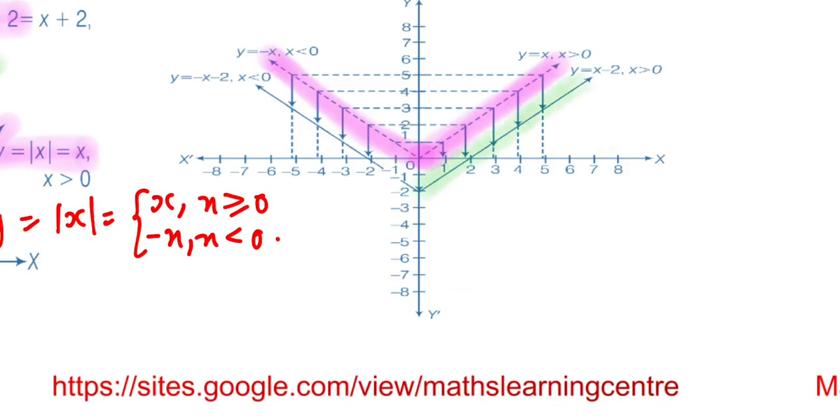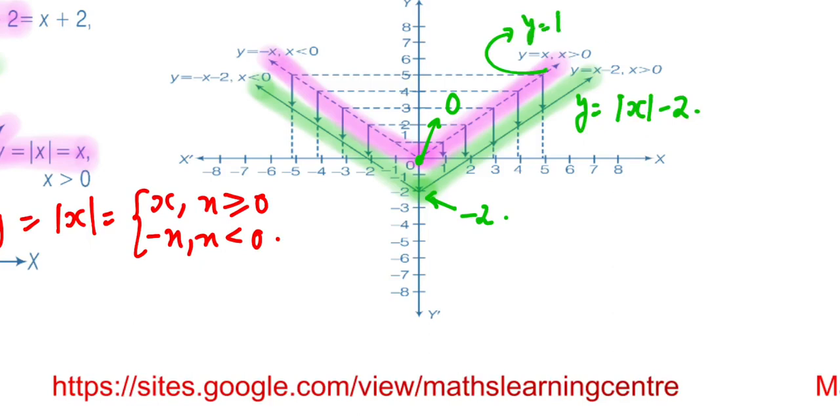So this is the graph we obtain by shifting every point downward. What we have done over here is, earlier this was the point 0, now it has reached the point minus 2. So this is the graph of y is equal to mod of x minus 2, and this is the graph of y is equal to mod of x.